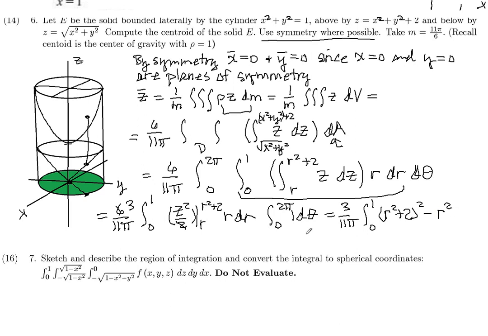And then times this integral out on the end. Well, antiderivative of 1 is just theta, and that gets evaluated from 0 to 2 pi. And we got a little bit of algebra to do here, but it's not too bad.